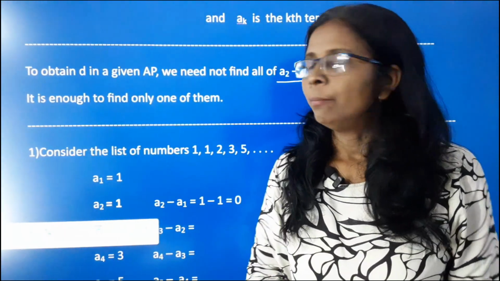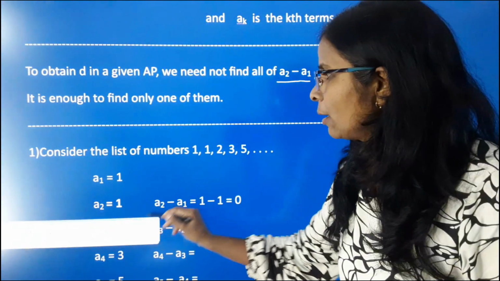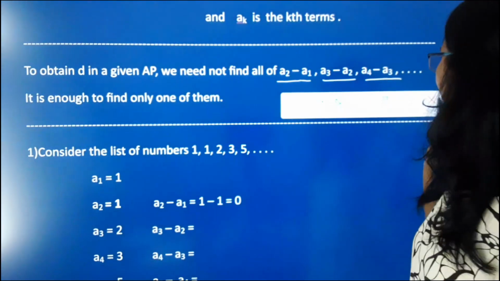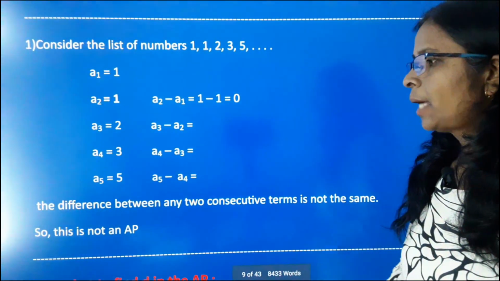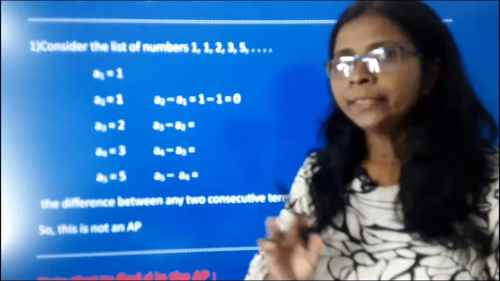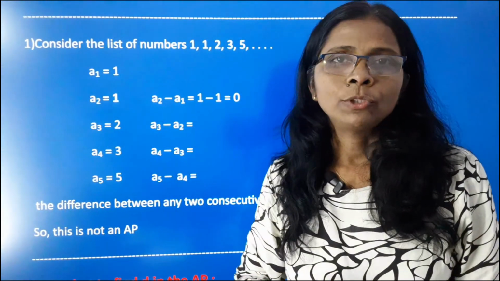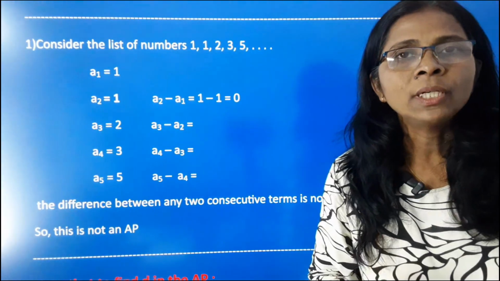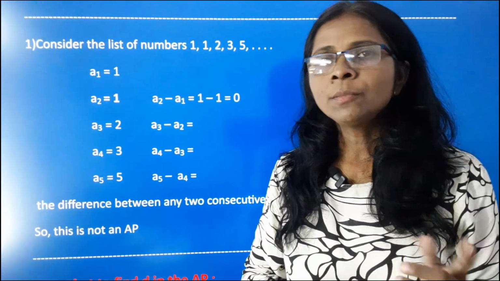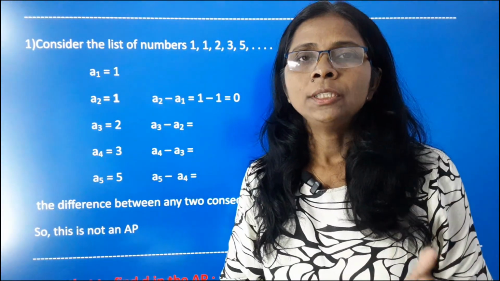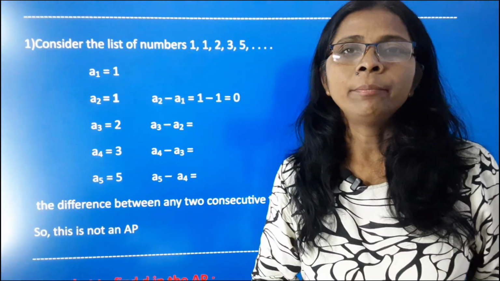Now consider a list of numbers and check whether the list of numbers is in AP or not. So what is the procedure to find out whether the list of numbers is in AP or not?